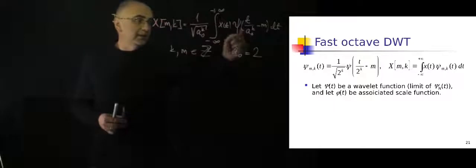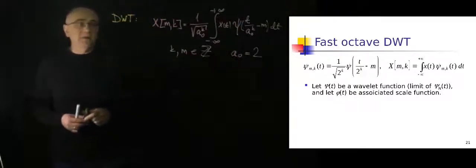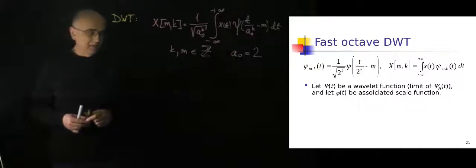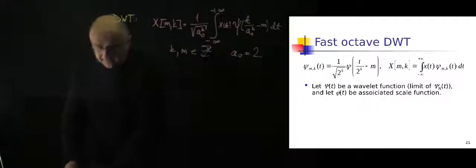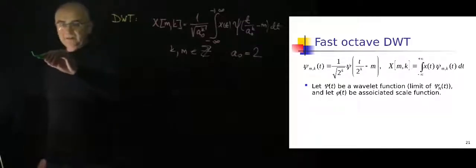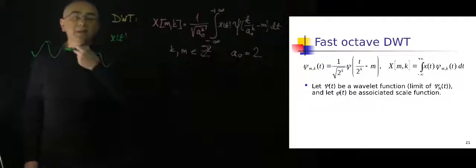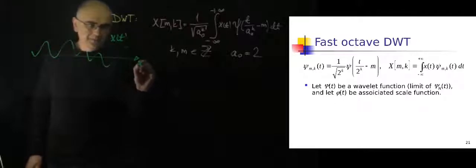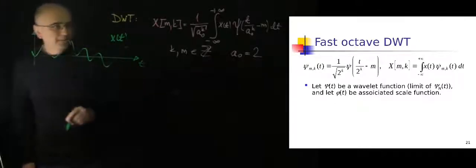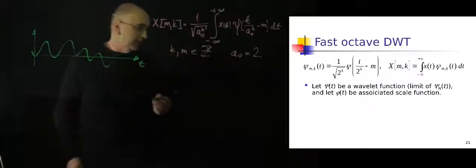Instead of integrating with a wavelet function, I'm going to use the scale function. Maybe I can write down an example. So if this is some kind of x of t, for example, the waveform of my voice, I can use some pair of scale and wavelet function.